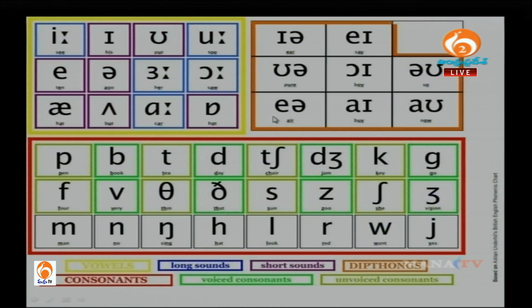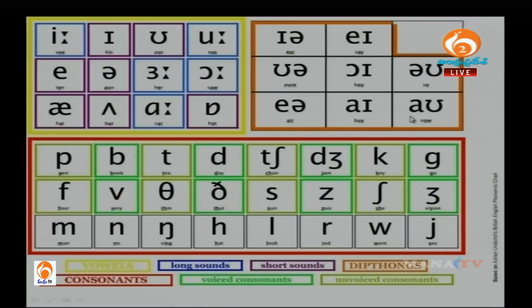The next set of diphthongs, in the last row that we are discussing right now, are ear, ear, air, air, and then we have the next sound, which is I, as in by, tie, die. Again a short sound.